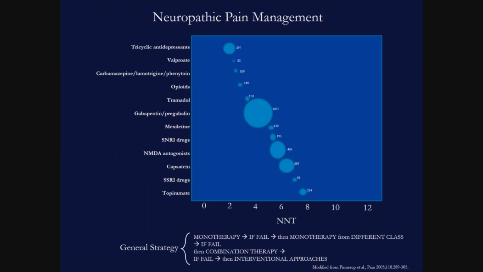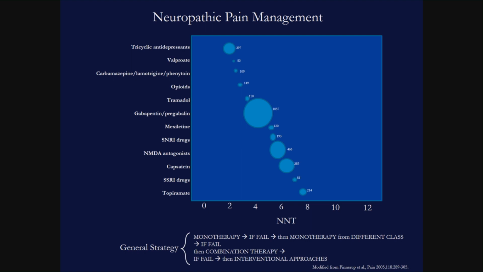In choosing what to use, it's sometimes helpful to look at these blob charts that are mainly in the literature for pain associated with peripheral neuropathy. In these charts, the size of the blob corresponds to the number of patients studied, and on the bottom is the number needed to treat. So you want a low number needed to treat.